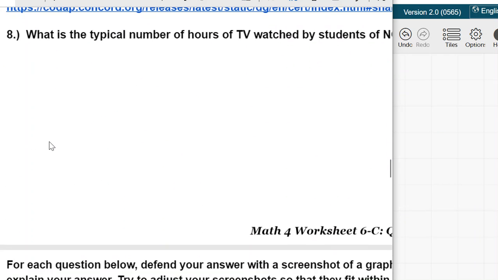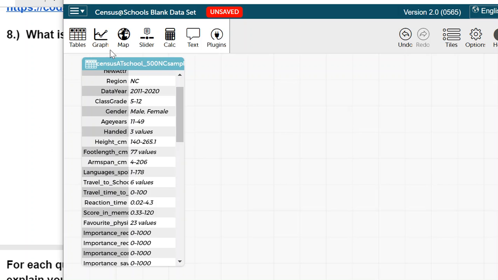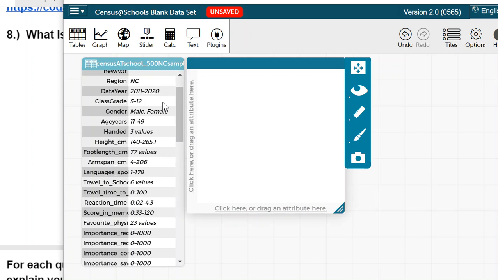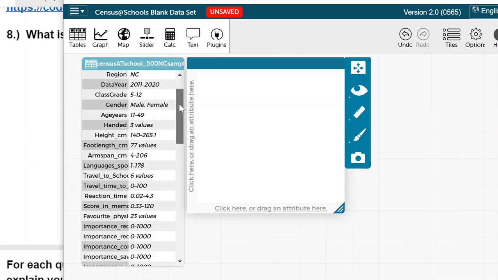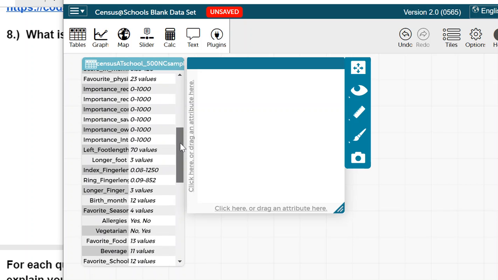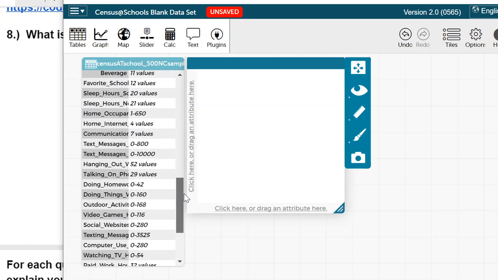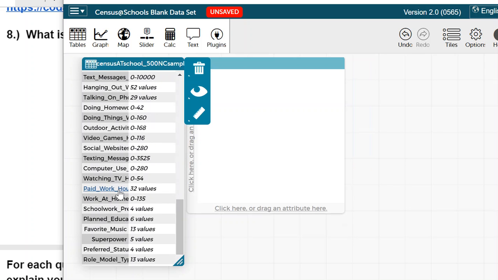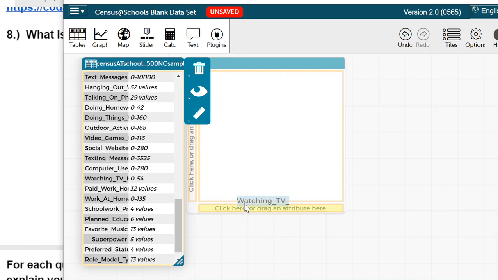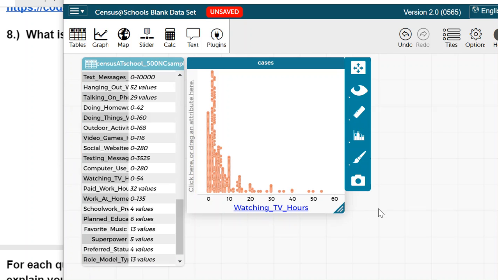All right, number 8, typical number of hours of TV watched by students. This also led to an interesting conversation in class. Travel, TV, watching TV hours. Now, this highest value right here is 54.